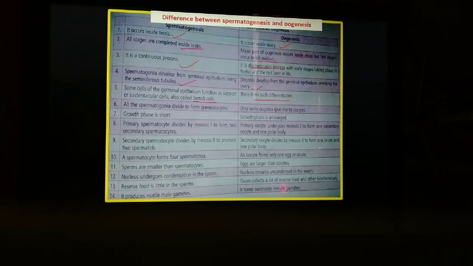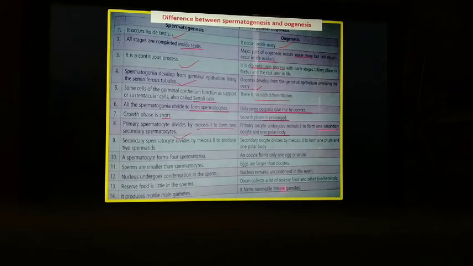All the spermatogonia divide to form spermatocytes, whereas only some oogonia give rise to oocytes. The growth phase of spermatogenesis is very short, whereas the growth phase of oogenesis is very long. Also, a primary spermatocyte divides by meiosis 1 to form two secondary spermatocytes, whereas in oogenesis the primary oocyte after meiosis 1 gives only one secondary oocyte and one polar body.